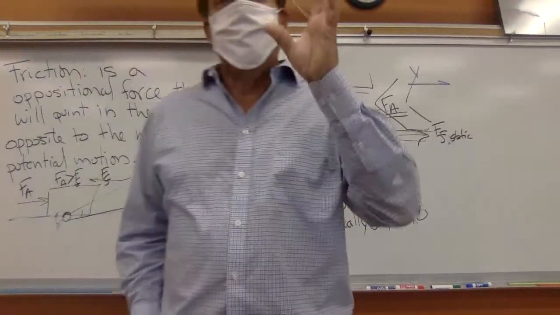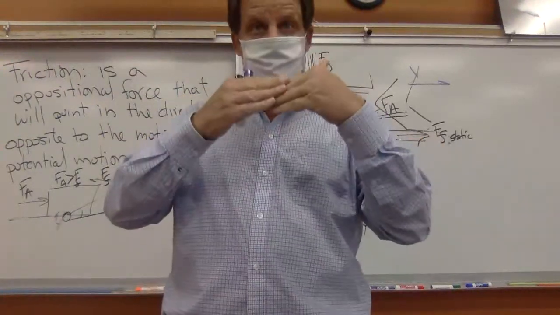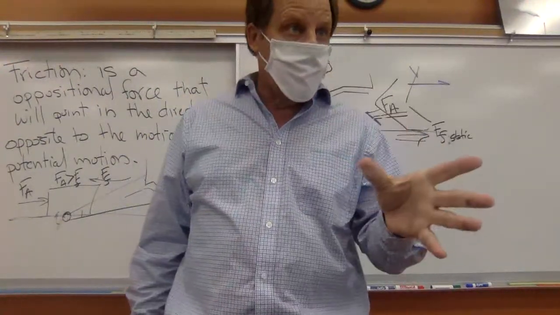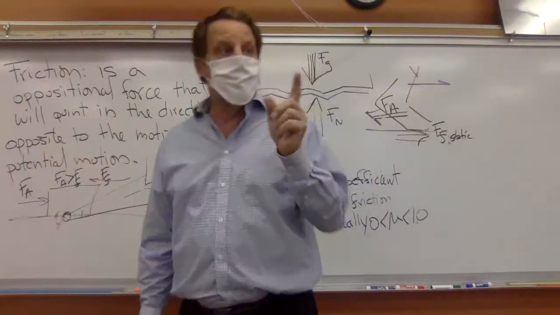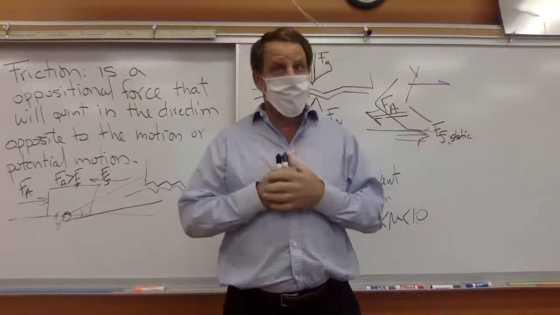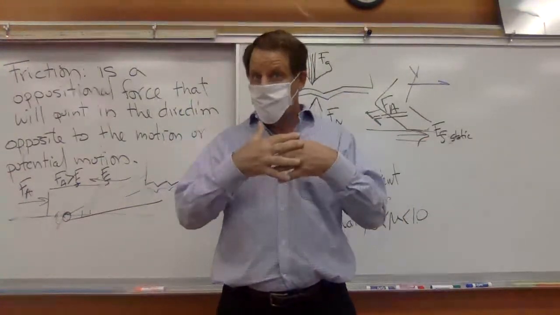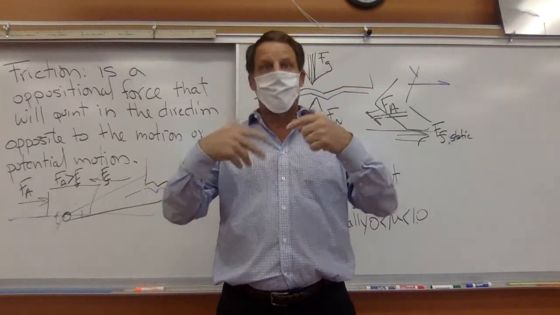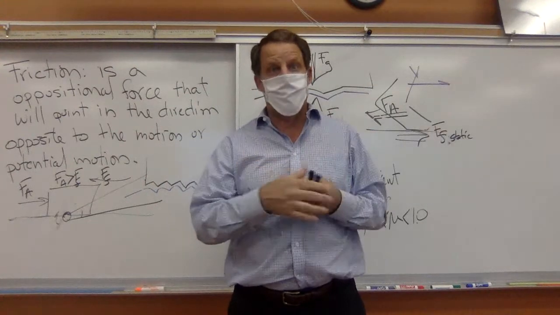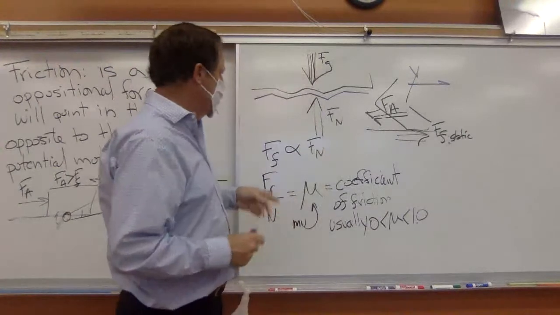So in the case of two different surfaces and you have a problem, I'm either going to tell you what the coefficient of friction is between those two surfaces, or I'll give you everything else and you're going to figure it out. But back to the ice.